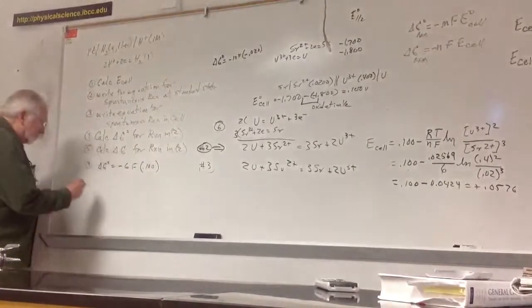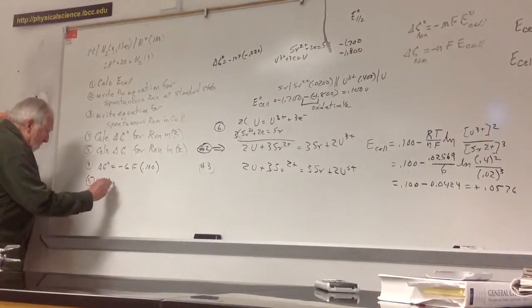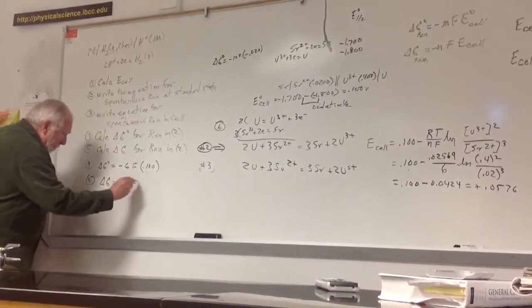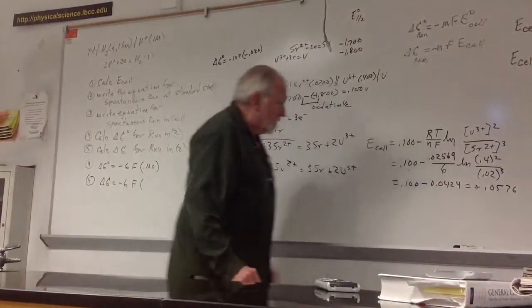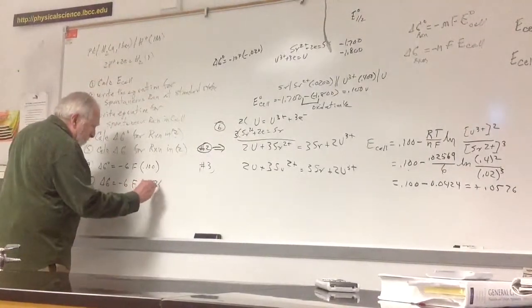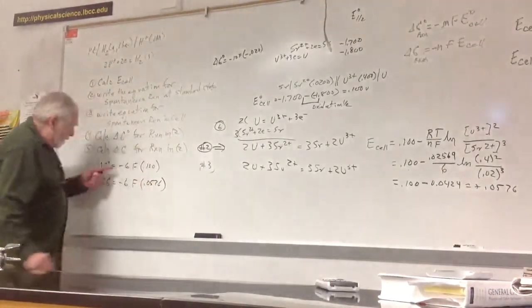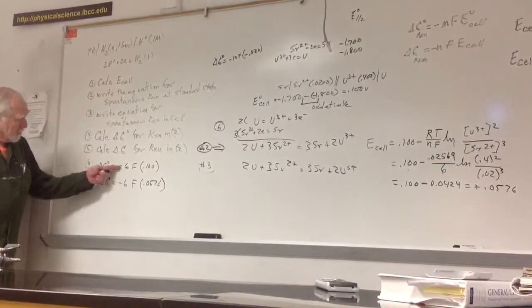Okay. Then number 5. And sure enough, there's my cell potential, plus 0.0576. And notice, this will come out negative, this will come out negative, but it's not going to be as big a number as this one.